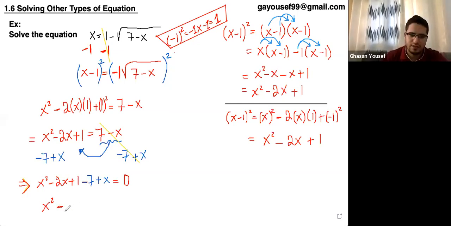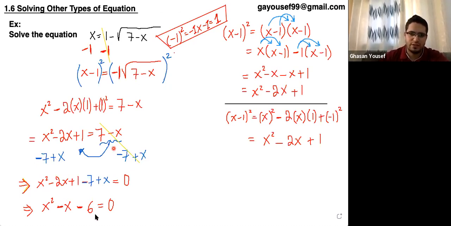So I get negative x, and plus 1 minus 7 is minus 6. Minus 6 equals 0. So this is the equation I get from this one. Now, which kind of equation is that?